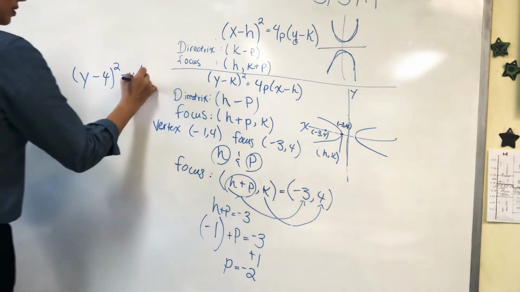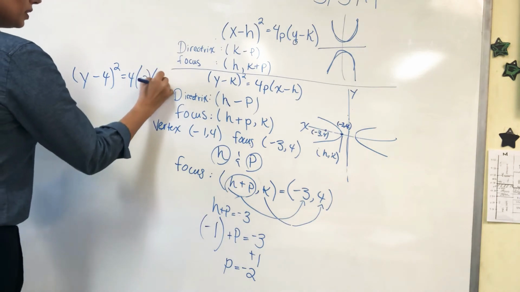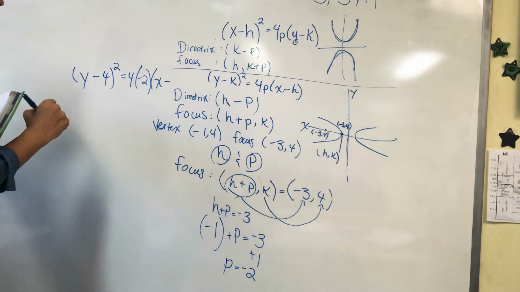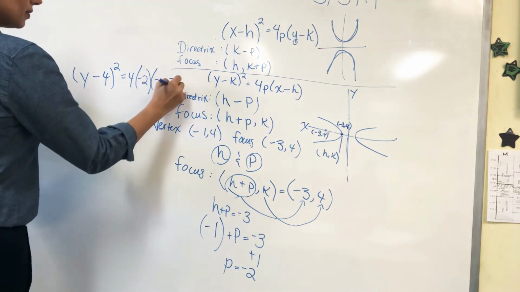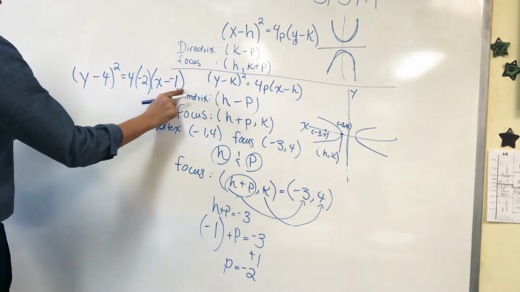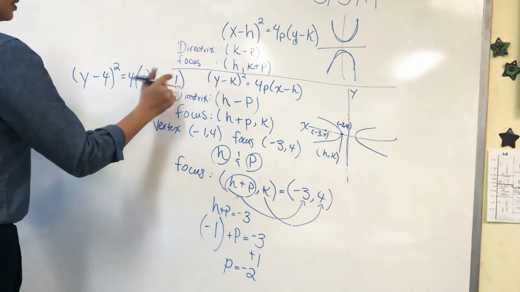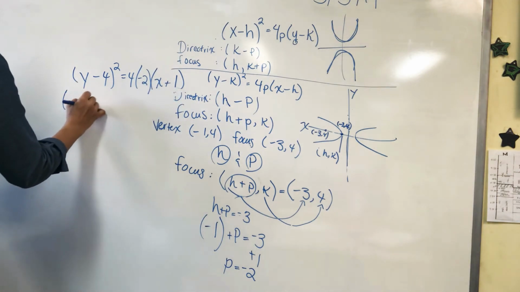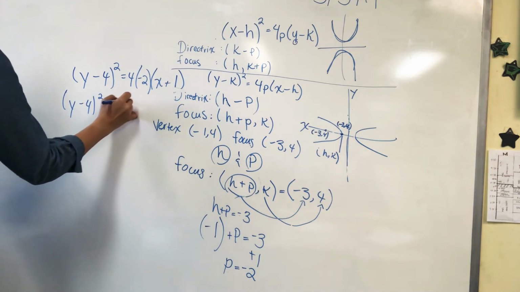P is -2. X minus H, what's my H? H is -1. Remember what happens to a negative? Positive. Okay, let's just rewrite this. Simplify.